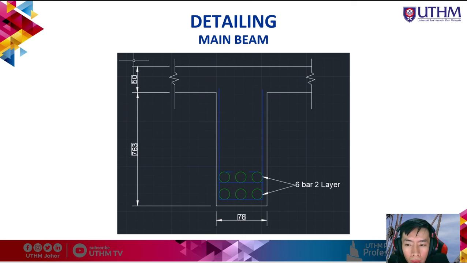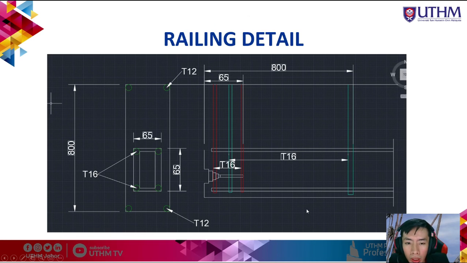For the detailing, for the main beam we use six tendons in two layers in a double T beam, with width 76 millimeter. For the railing detail, we have a steel length of 800, so we use steel T12 at the outside, and in the tendon we use steel T16.